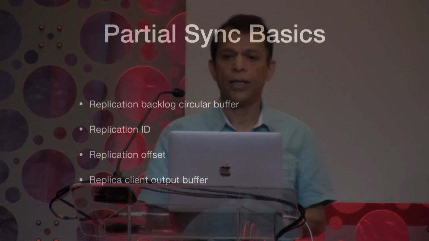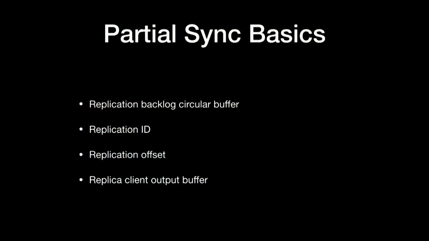Partial sync basics. The key to understanding partial sync is there's this concept of replication backlog. Okay, in the master, it keeps a certain amount of memory reserved for the backlog, and as and when new writes come in, the new writes are also kept in the replication backlog.